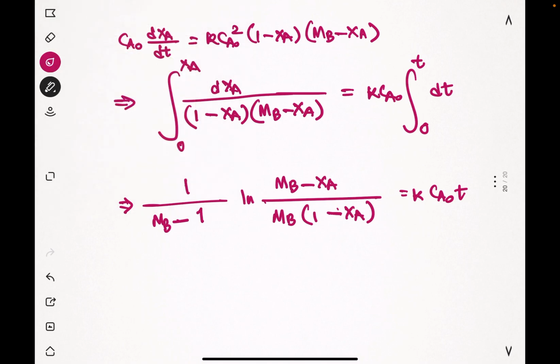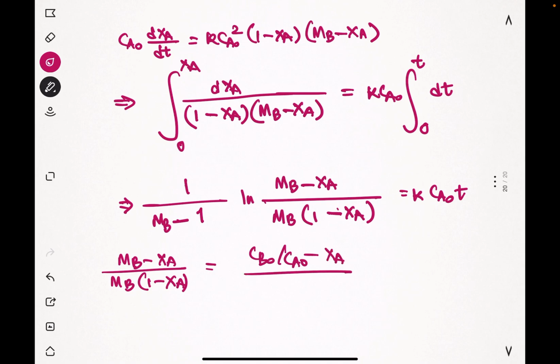We can also have some other forms of this equation. For example, this MB minus XA times 1 minus XA can be written as CB naught minus CA naught XA.